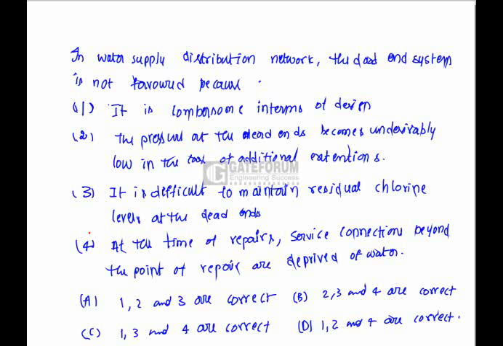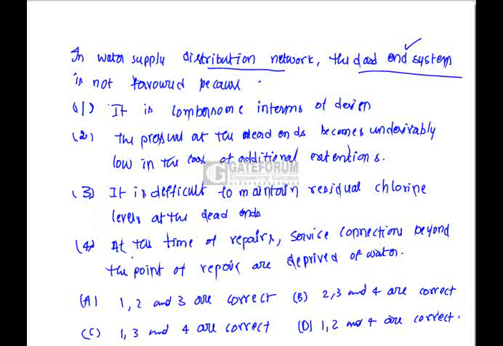Here the question is, in a water supply distribution network, the dead end system is not favored because of some reasons. What are those reasons? We have to find out. The reasons are given below, 1, 2, 3, 4.